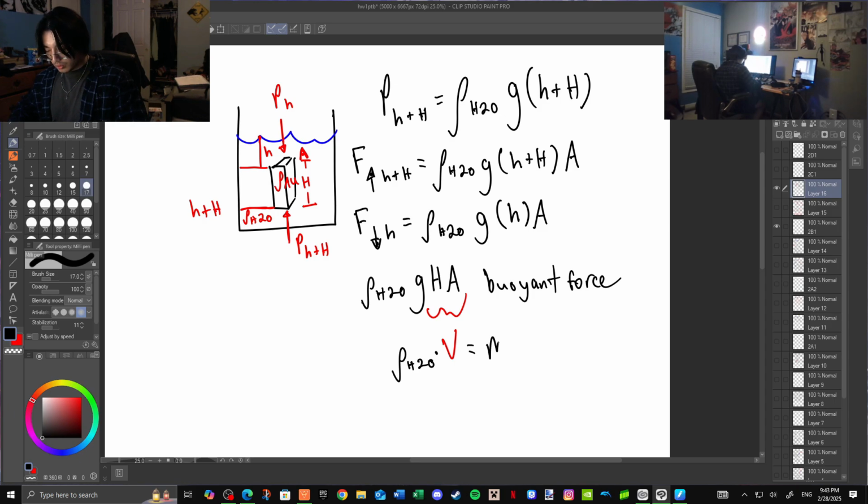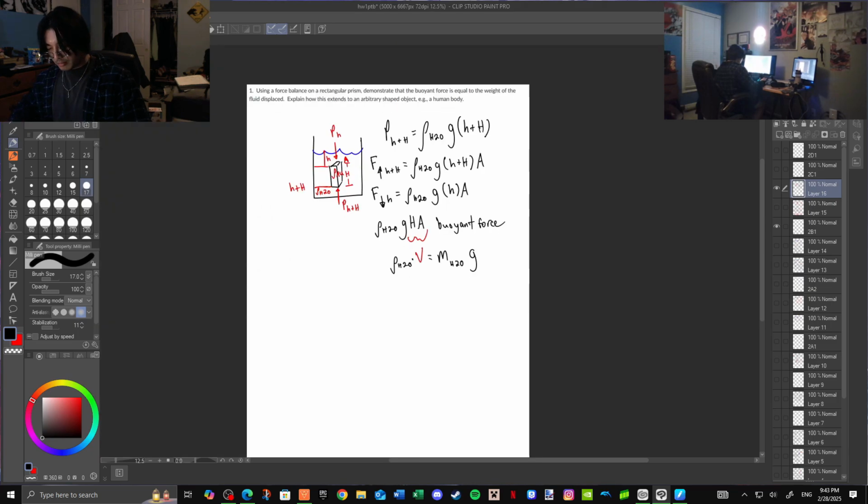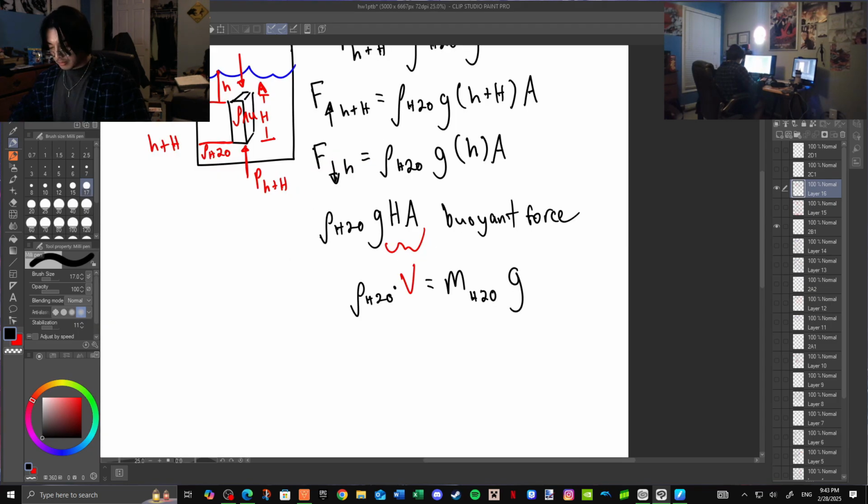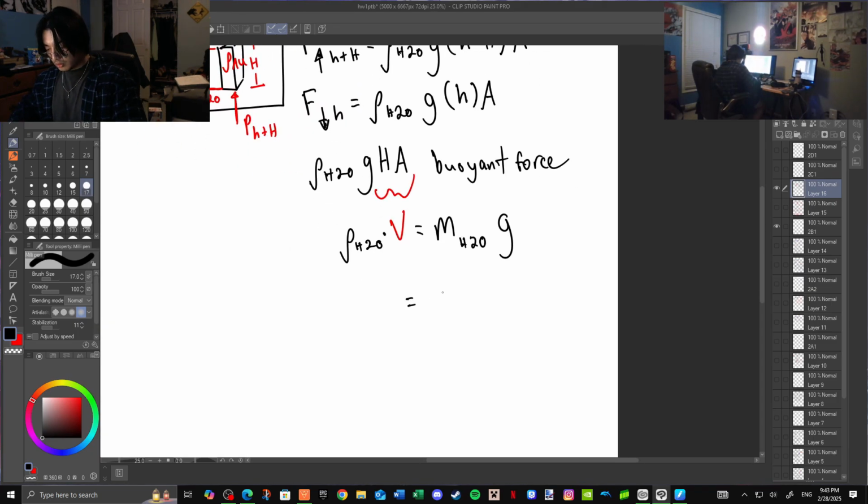And so we'll get the mass of that fluid, in this case the mass of water, times gravity. So the mass of the fluid multiplied by gravity will give us the weight of the fluid displaced.